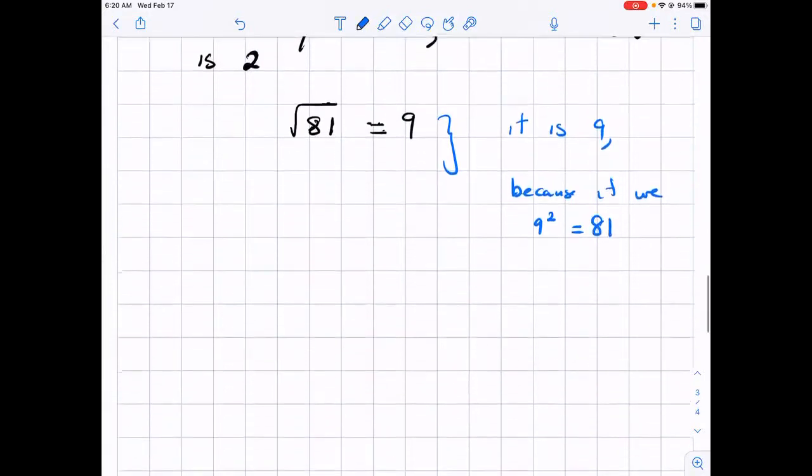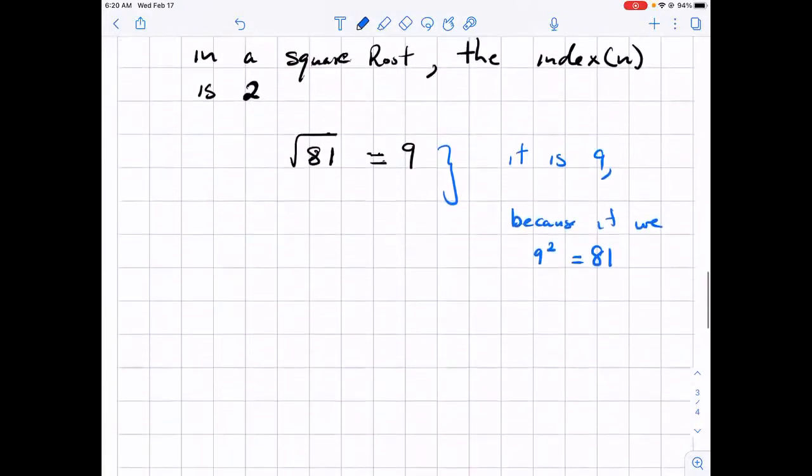On the other hand, if we look at this example, what is the cube root of 27? The cube root of 27 is what number when you cube it, what number when you multiply it by itself 3 times gives 27, and that is 3.